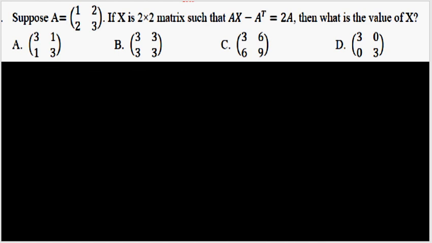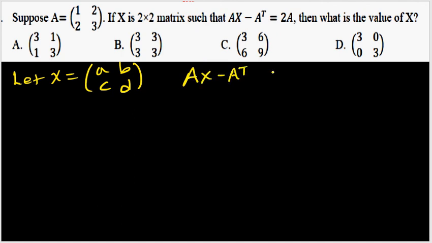The last question: suppose a 2 by 2 matrix A is given, and X is also a 2 by 2 matrix. So we can say let X be any 2 by 2 matrix, a, b, c, d. And what's given? AX minus A transpose is equal to 2A. From this we find AX is equal to 2A plus A transpose.